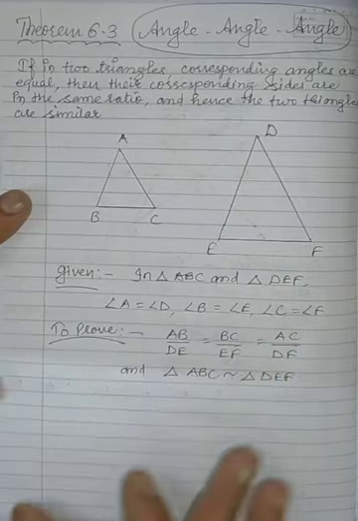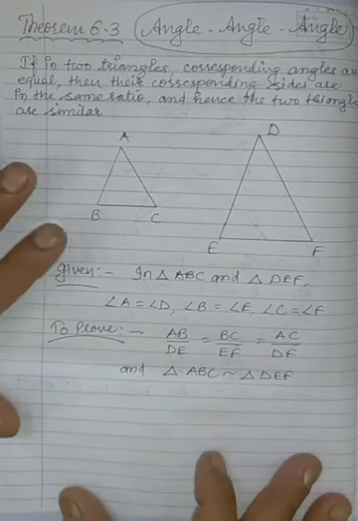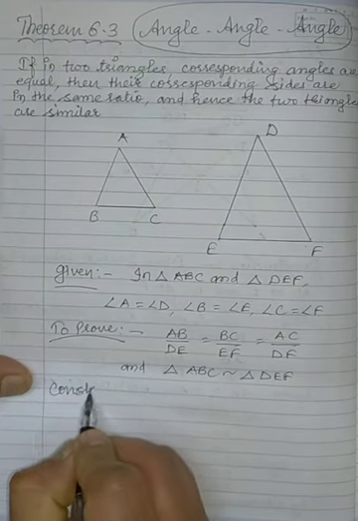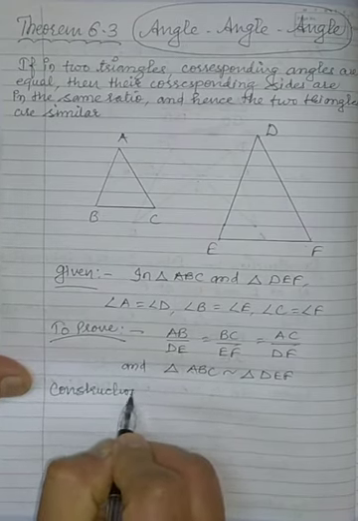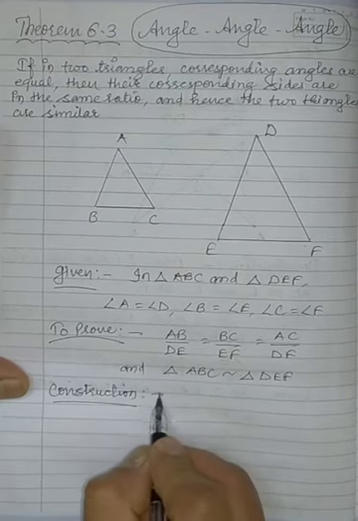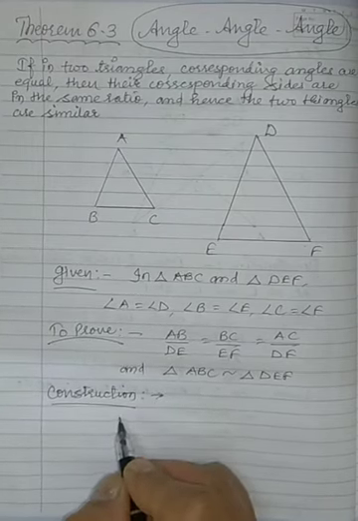As in these two triangles we don't have sufficient hints, so we will do some construction. And the construction we will do on the larger triangle, that is on DEF.